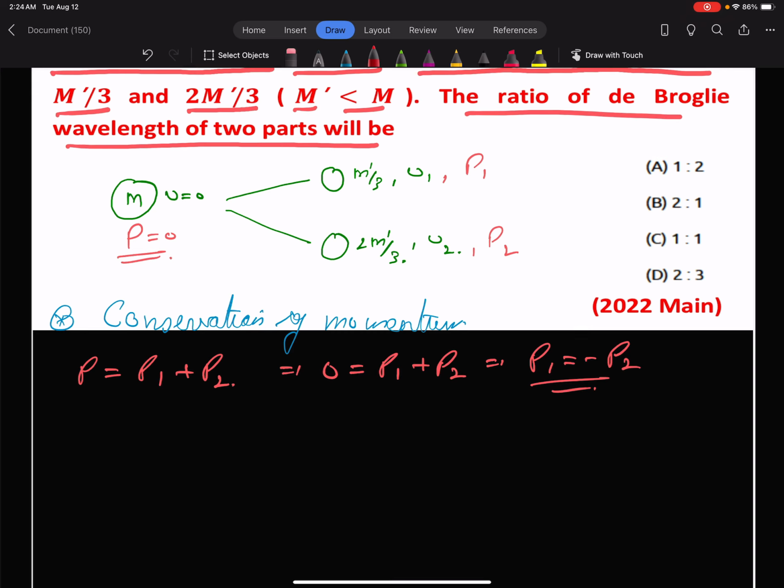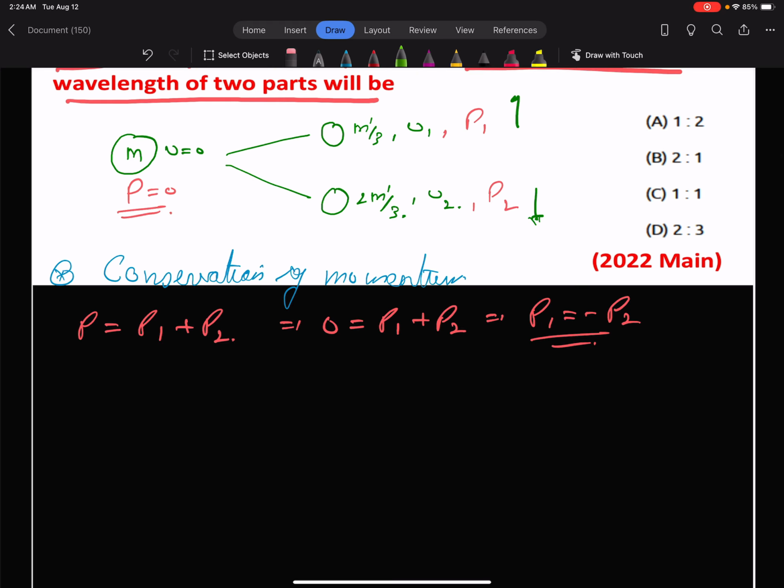This negative sign only tells about direction. It means if P1 is moving in upward direction, then P2 will be moving in the opposite direction. That is the only significance of this. If we take the magnitude, we can say that P1 is equal to P2.